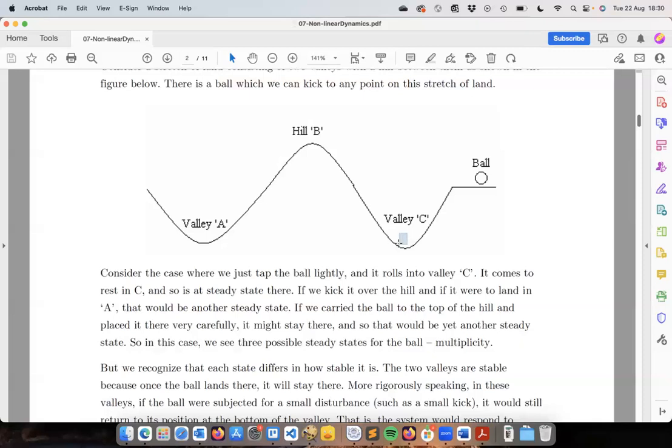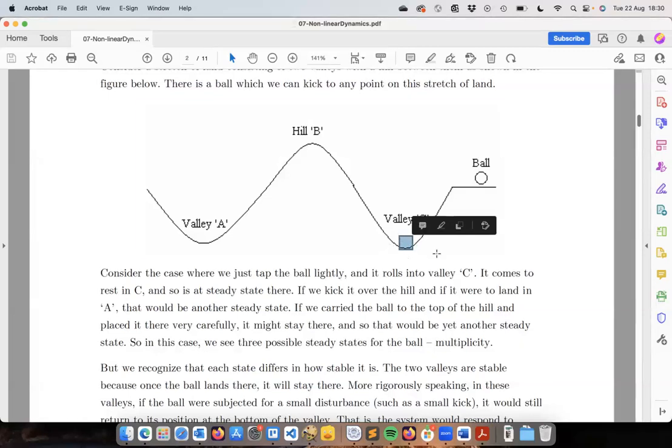So we can imagine then that this is a steady state. We can see this is going to be a steady state, and we will think of this as a stable steady state. So when we say stable, we mean that if we are at the steady state, and if there is a small disturbance to that steady state, so let's say we come in and we just give the ball a tap or something like that, the ball may move a little, but it will come back to the steady state here.